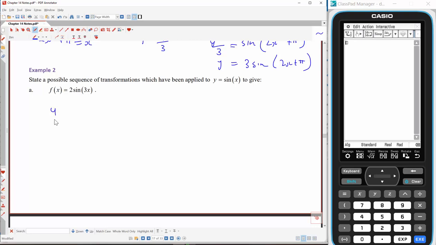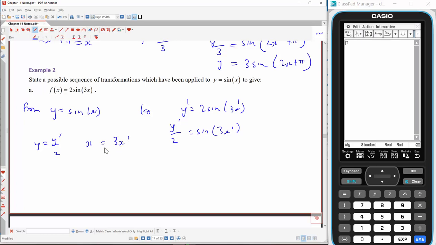Right, so what we do is we go from y equals sine x to y equals 2 sine 3x. Now we get ready to pair these up, where this is the original, this is the image. So I go y dash on 2 equals sine of 3x dash. Right, so y pairs with y dash on 2 and x pairs with 3x dash.